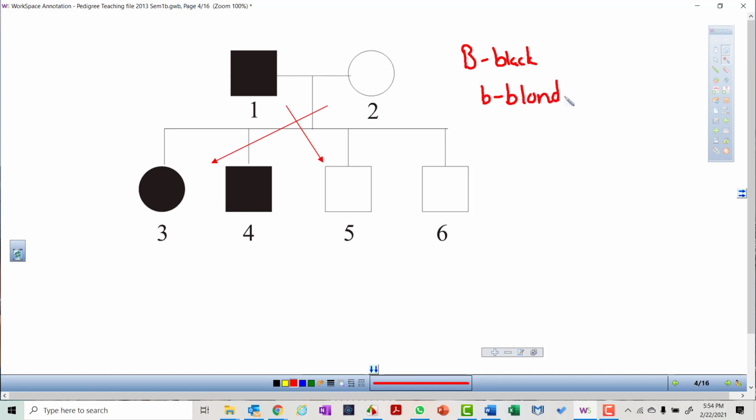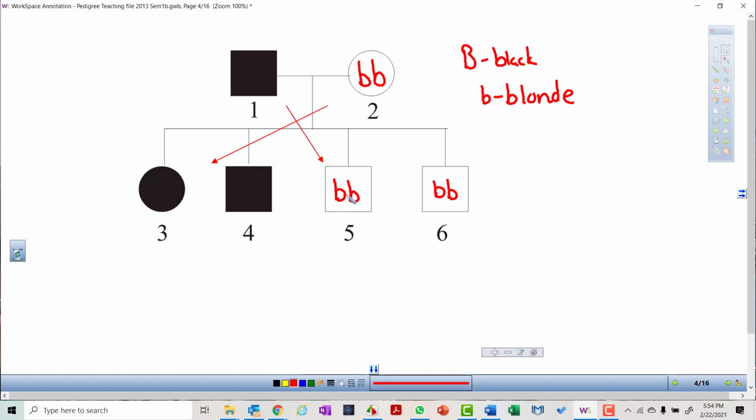So which of these numbers can you immediately ascertain? Well, I know that these three, 1, 3, and 4, have the trait, so they must have a big B. But I don't know exactly what the second letter must be. But 2, 5, and 6, because they are clear, they must be homozygous recessive. They do not have a trait. So these are easy to start with.